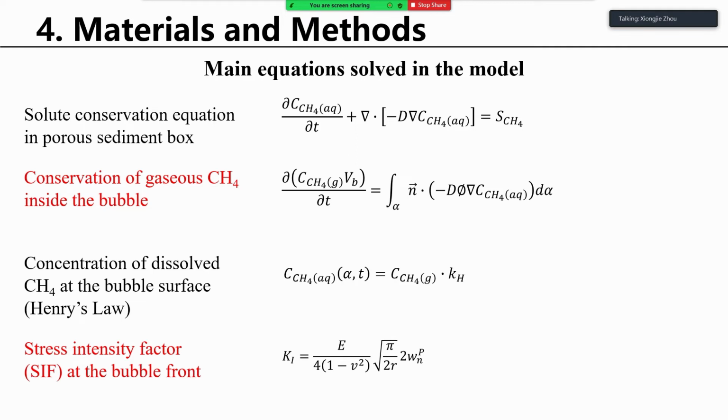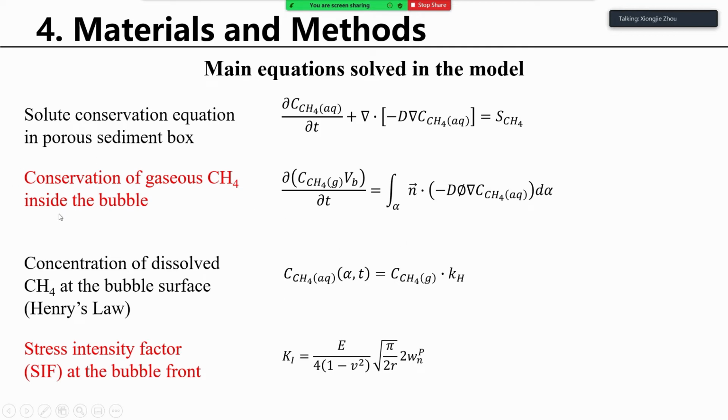What I'm simulating, the first solved equation is the solute concentration equation, the conservation equation in the porous sediment box. It is formulated for the dissolved methane in the pore space in the sediment box, and this is what happens around the bulb in the pore space of the sediment.